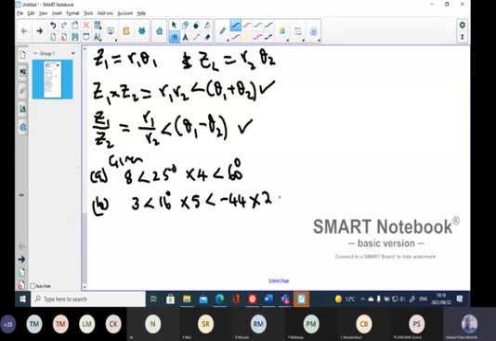Solution for the first one: for number A, you multiply 8 by 4, it's 32, and then the angle? We add the angles. If you add them, you get 85. So this will be the solution.